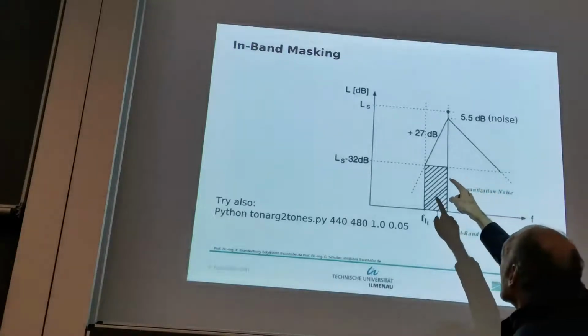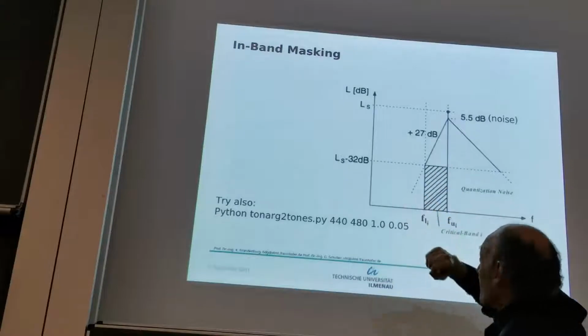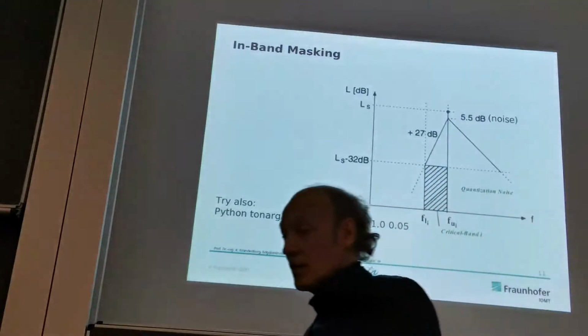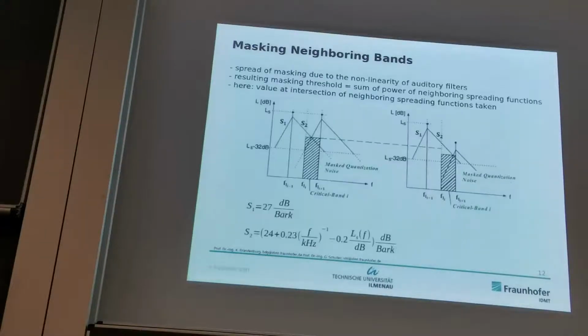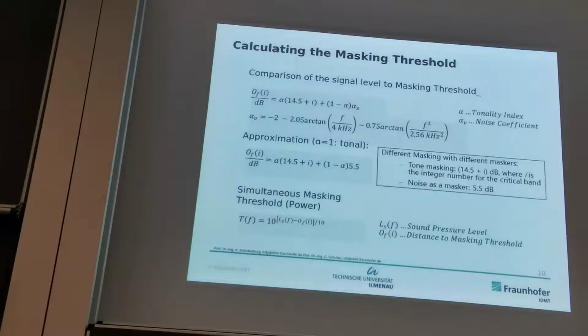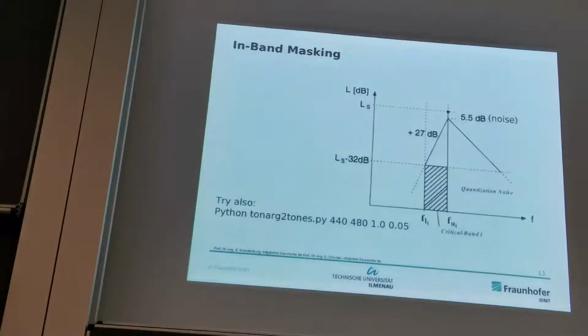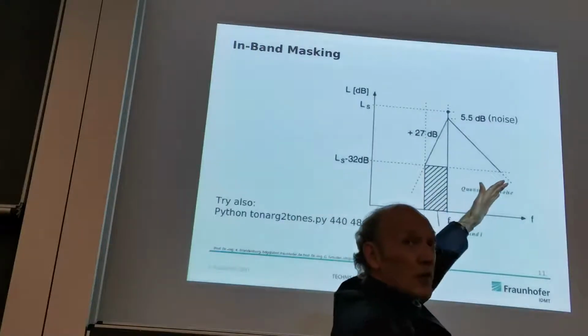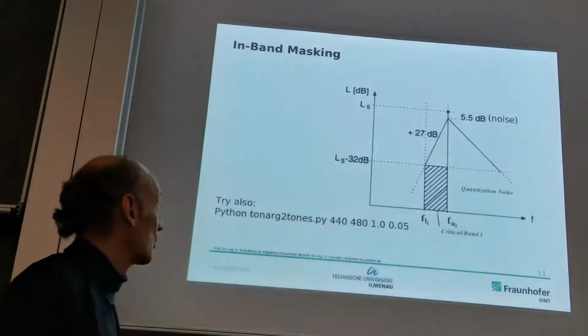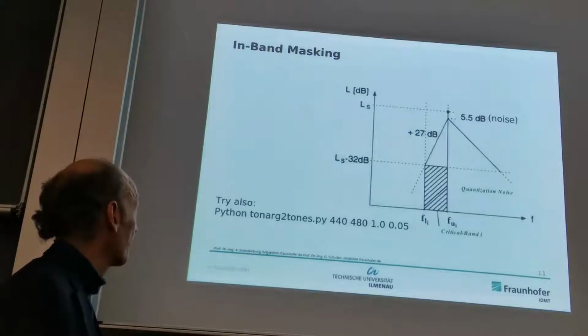And in the lower branch you have 27 dB per bark, and the upper branch has 14.5, which isn't shown here. So you have those two different slopes. Here you can see the slope for the steeper one going towards the lower frequencies.